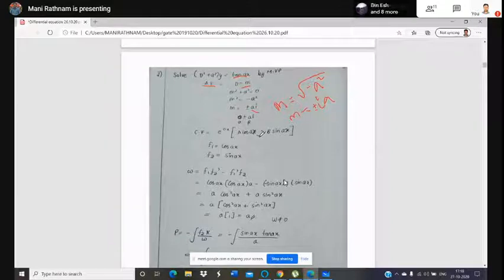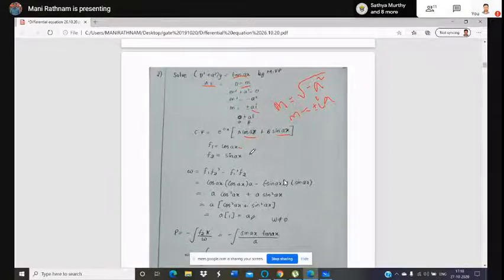So CF is e power 0x into a cos ax plus b sin ax. Apart from the constants, cos ax is f1 and sin ax is f2.